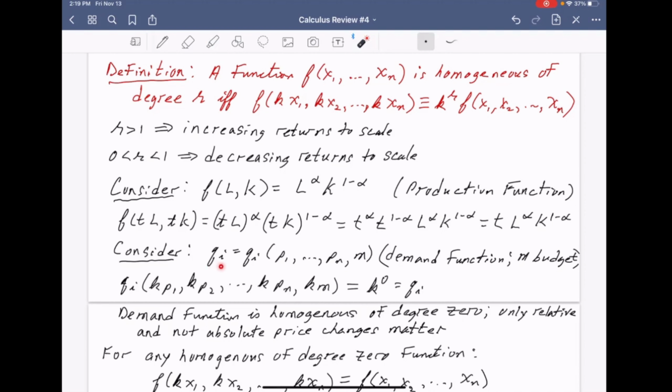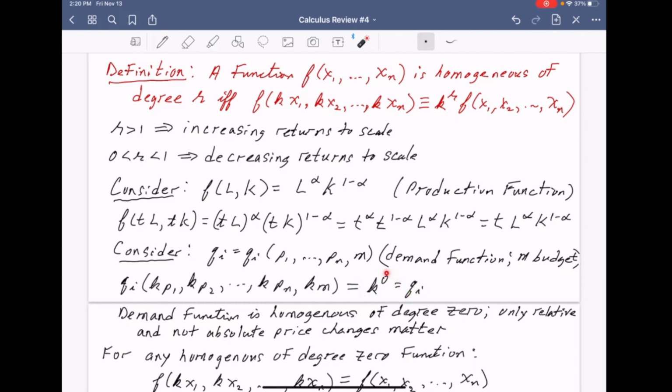Now consider a demand function, where demand is a function of all the prices that affect it. These are the prices of itself, wherever that i is, and of complements and substitutes, and of course the budget. And if we multiply prices by k and the budget by k, so let's say our prices go up by 10% and our income goes up by 10%, well, it turns out that our demand for that particular good i does not change.